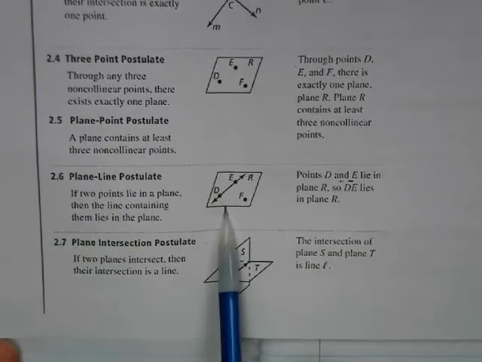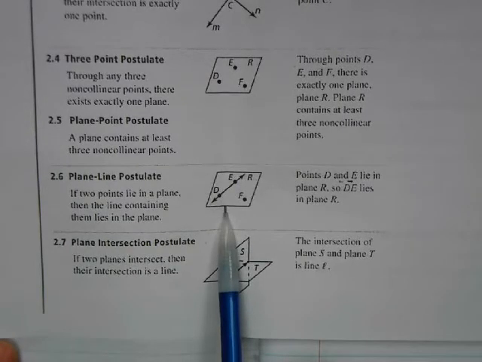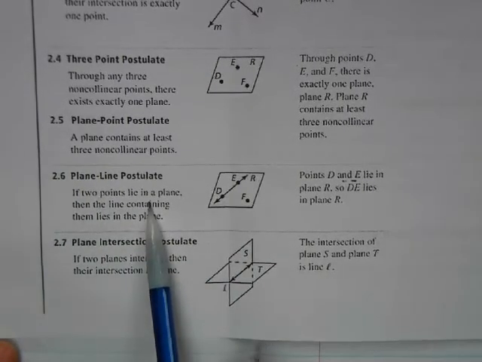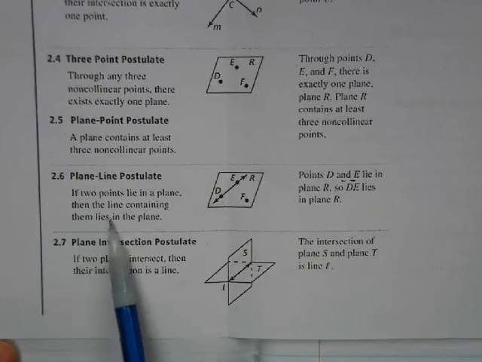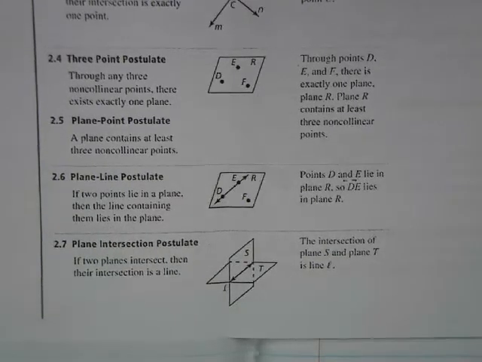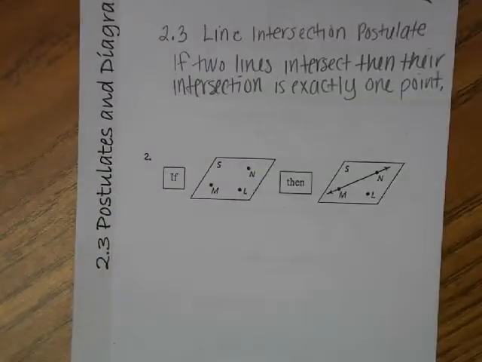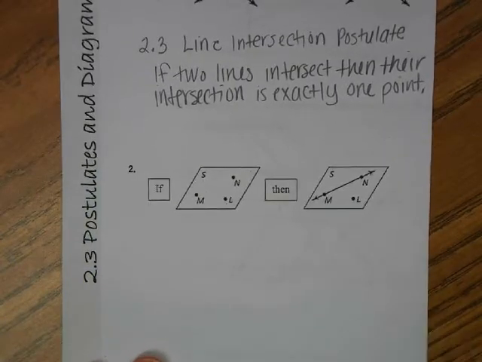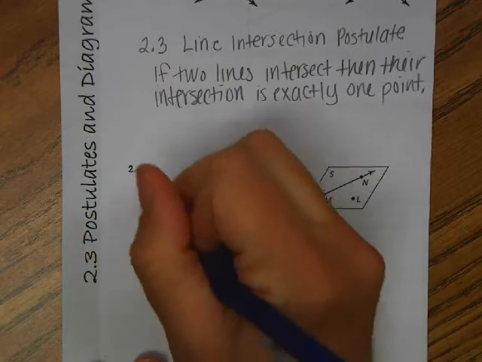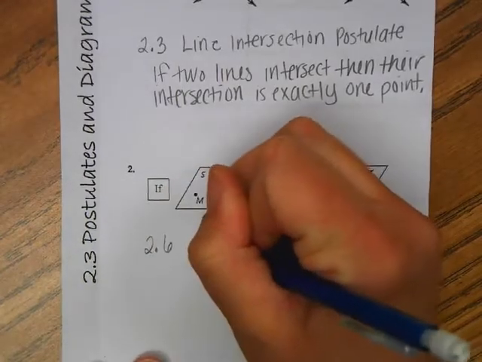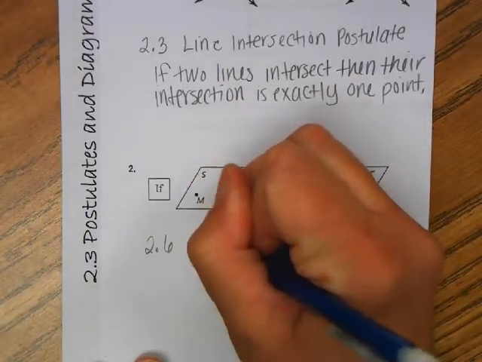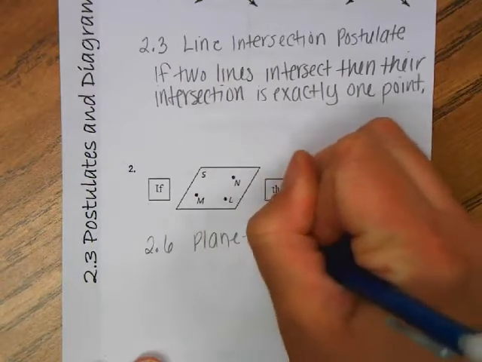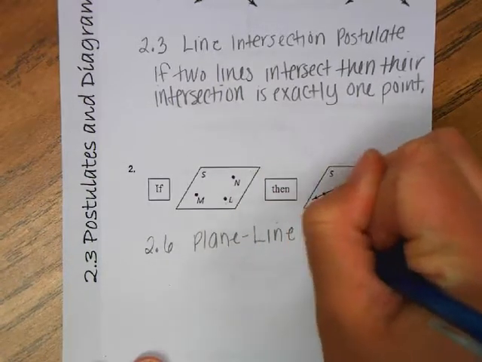And here it is. It's the plane line postulate. So if 2 points lie in a plane, then the line containing them lies in the plane. So that's what you're going to put down for number 2. This is postulate 2.6, and it's the plane line postulate.